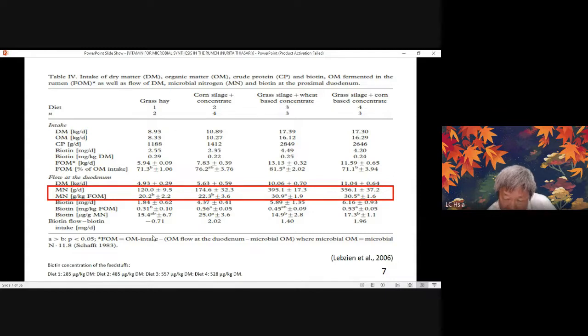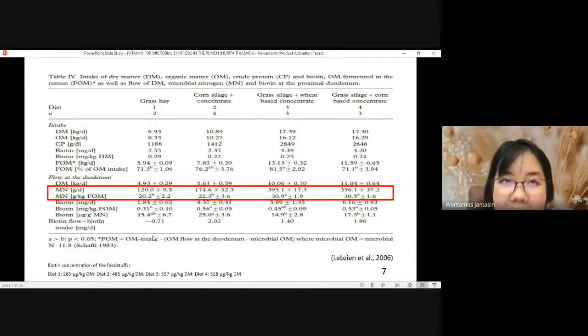No. What I mean is when we look at diets 3 and 4, the MN here is higher than treatments 1 and 2. So can you please explain why, when they are combined grass silage with wheat-based or corn-based concentrate, they have increased the MN here?